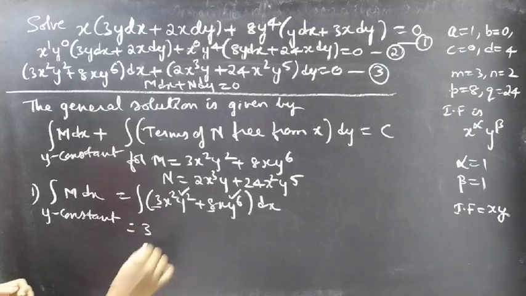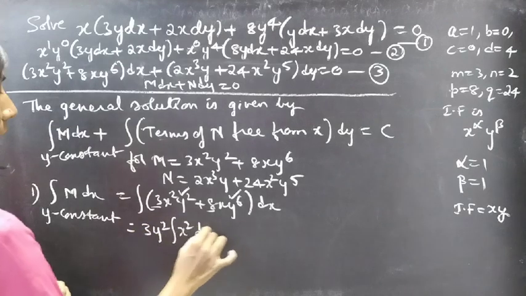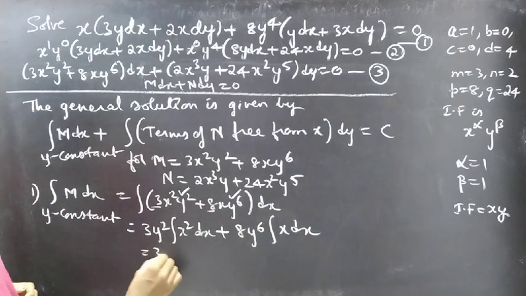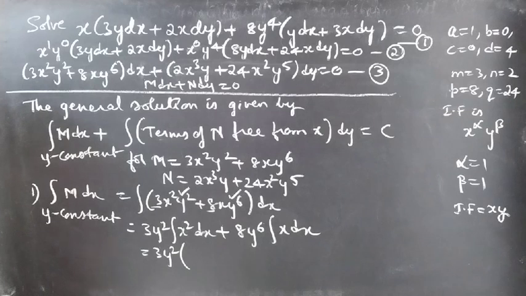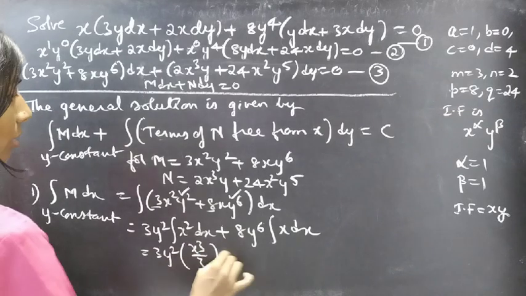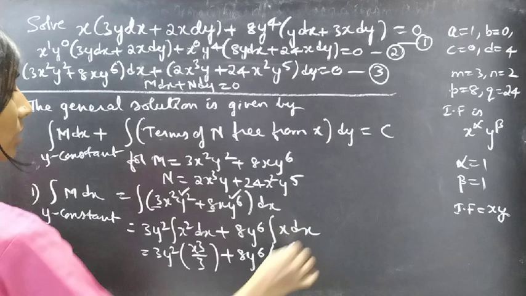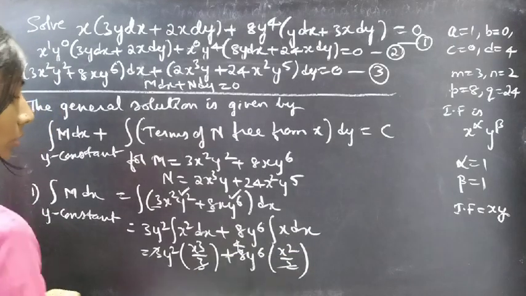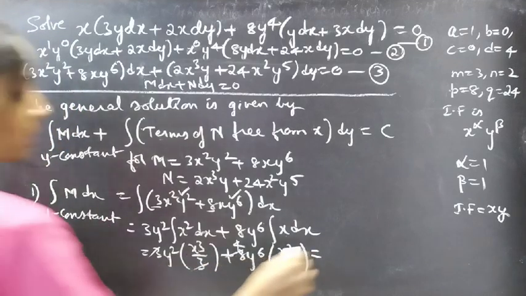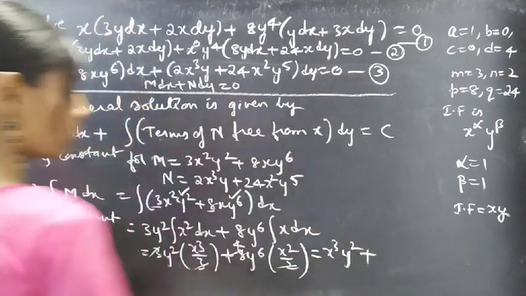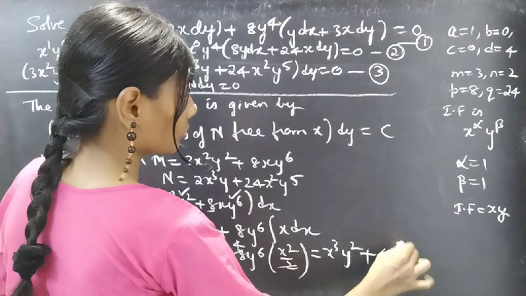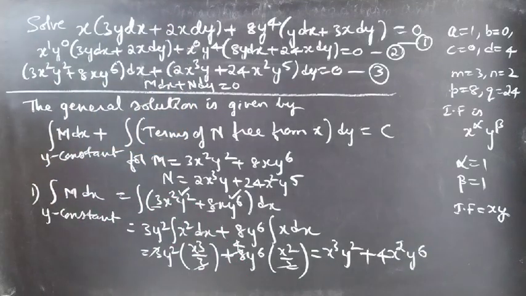We'll write this as 3y² into the integral of x² dx plus 8y⁶ into the integral of x dx, which gives us 3y² into x³/3 plus 8y⁶ into x²/2, which gives us x³y² plus 4x²y⁶. Okay, so this is the result obtained from the first integral.